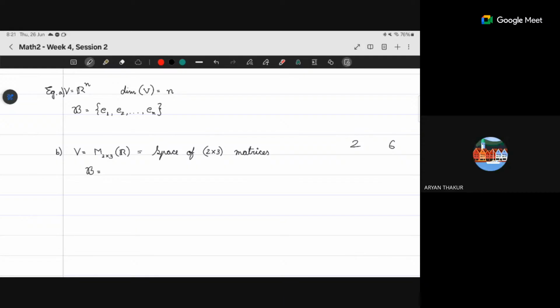Can you give me a 2-element set which is a basis for the space of 2 cross 3 matrices? Okay, you can take this. That's your first element. And what's the second element? So your vectors are matrices, remember. Now you have to give me 2 matrices which span the whole thing.